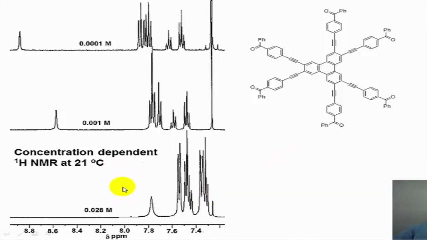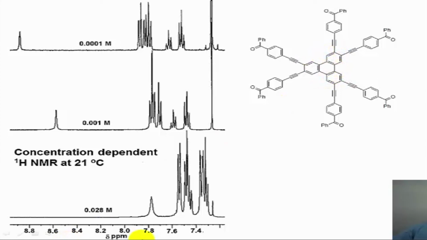It is concentration dependent, as you can see in this spectrum, for example, going from 0.028 molar concentration to 0.0001 molar concentration. As you dilute the sample further and further, what happens is this hydrogen, which is the triphenylene hydrogen, there are 6 hydrogens in triphenylene, 1, 2, 3, 4, 5, 6.